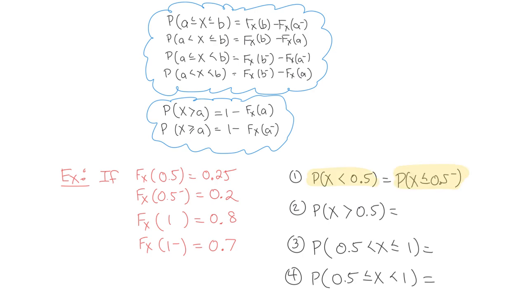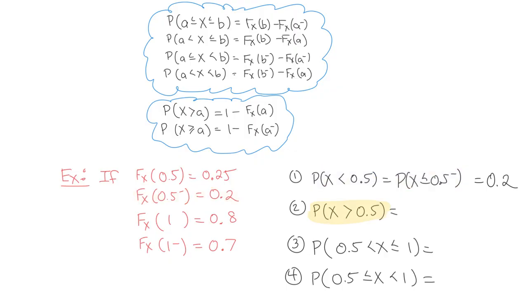To start with, if I am looking for the probability that x is less than a half, that means the same as looking at 0.5 minus. At that point, you have a CDF, and the CDF value was 0.2.